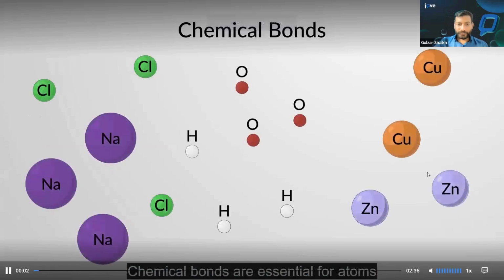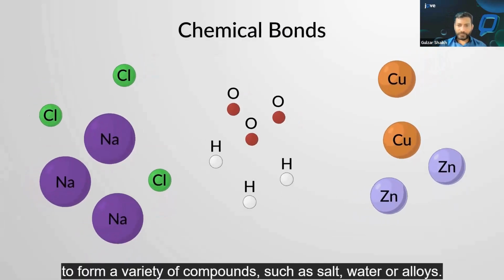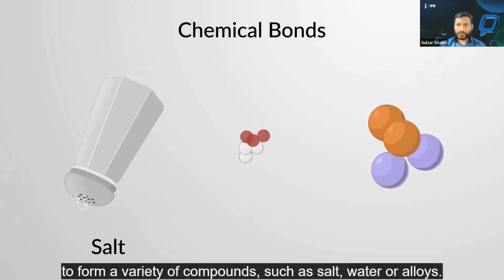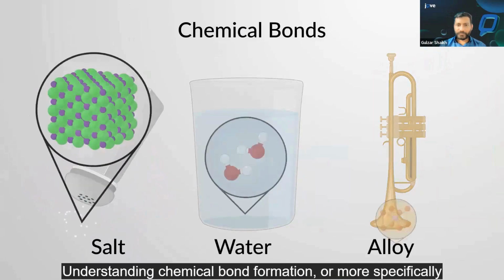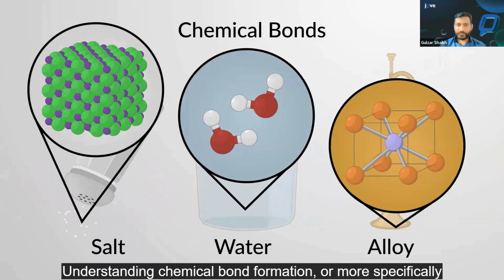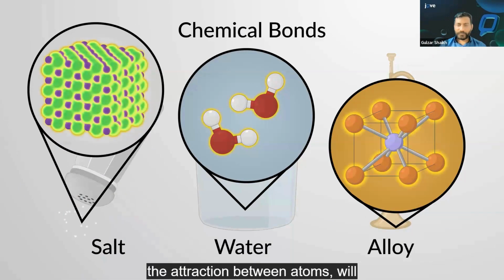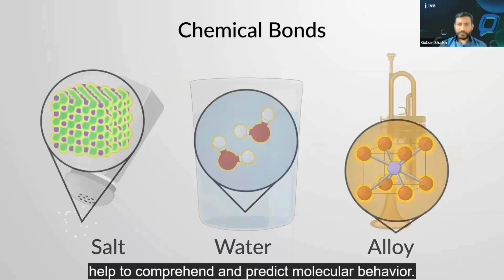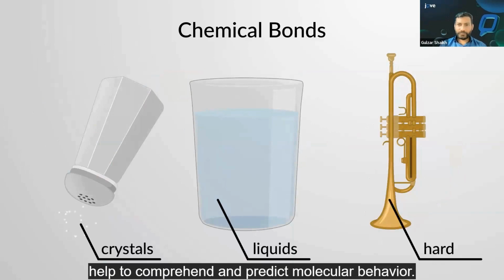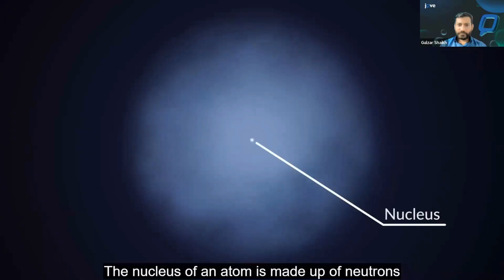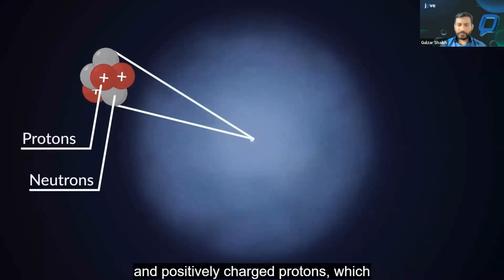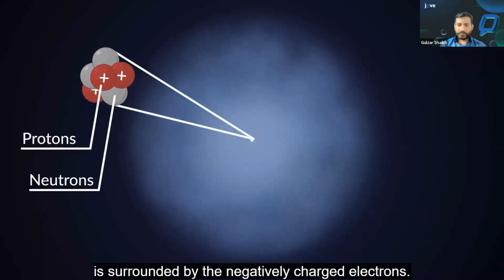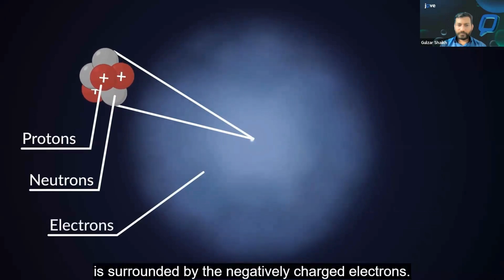Chemical bonds are essential for atoms to form a variety of compounds, such as salt, water, or alloys. Understanding chemical bond formation, or more specifically the attraction between atoms, will help to comprehend and predict molecular behavior. The nucleus of an atom is made up of neutrons and positively charged protons, which is surrounded by the negatively charged electrons.